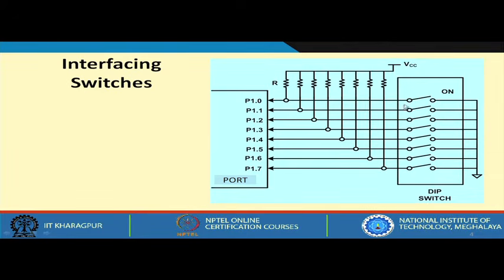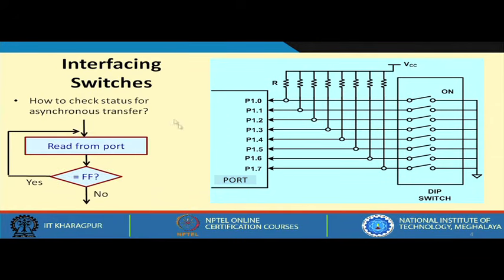So, now what will happen if the key is not pressed, then this VCC will come and appear here, this will be treated as a 1. So, if I have not pressed any keys and if I read this input port, all these lines will be 1, 1, 1, 1, 1, 1, 1, 1. But if any of the keys is pressed, the corresponding input will become 0, right.